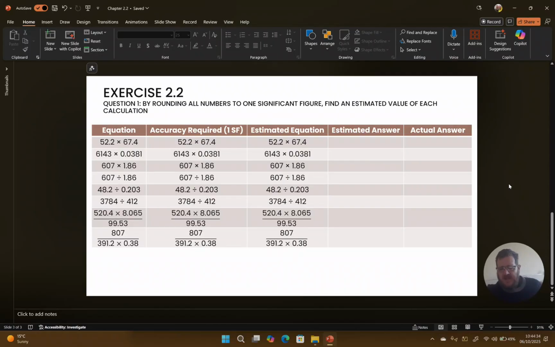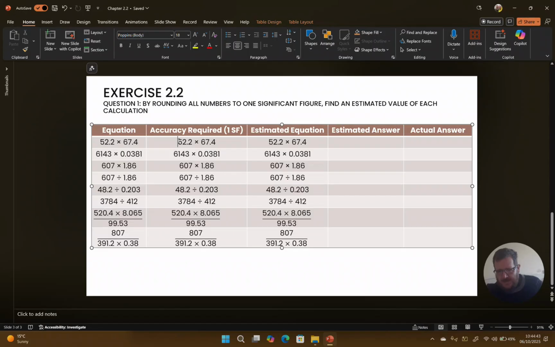So we'll do the accuracy required first. I've repeated the sums twice, so you've got three lots. Let's go with the rounding of each number first. Based on what I did in the last video, we'll get rid of the decimal points in this case.